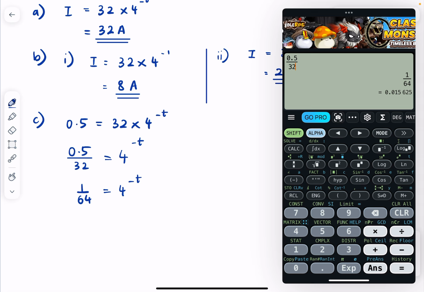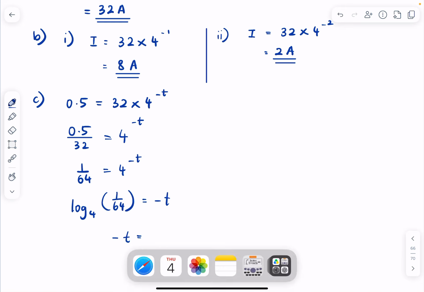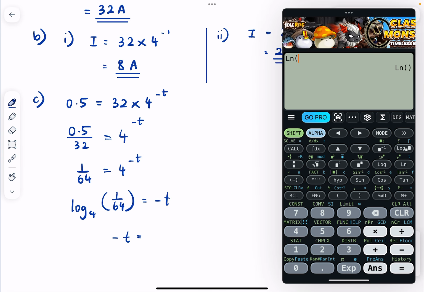Okay. From here, if you want to make t the subject, the 4 has to go. So the 4, if we bring it here, it will become log base 4 of 1 over 64. So from here, we can find log base 4 of 1 over 64, we get negative 3.